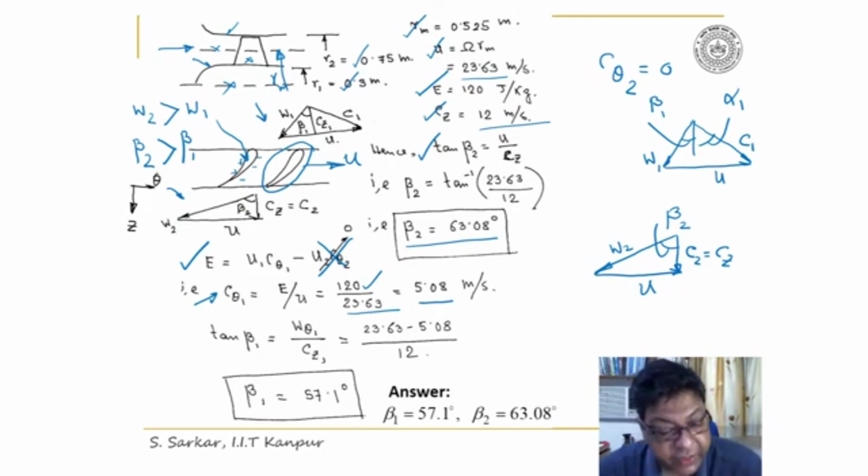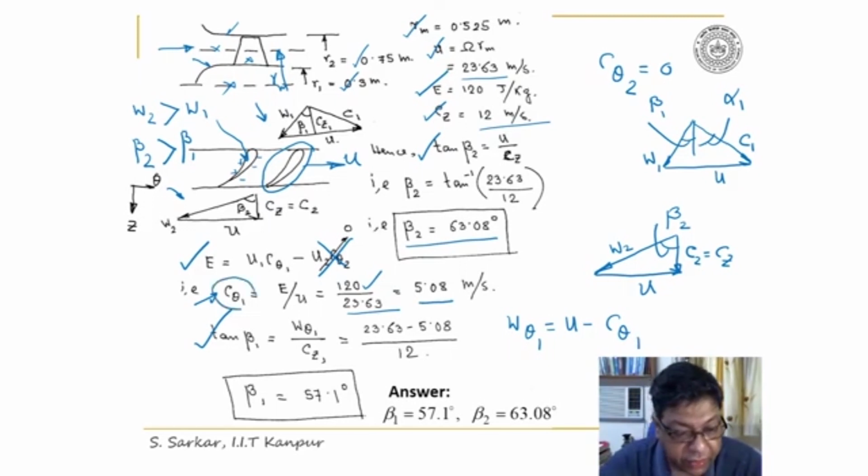So I'll get again C theta 1 as 5.08 meter per second. Thus tan beta 1 from the inlet velocity triangle is W theta 1 by Cz. W theta 1 is equal to U minus C theta 1. I have calculated C theta 1 here. I know the value of U, so I know W theta 1.